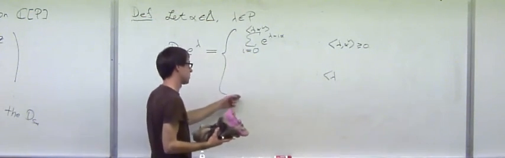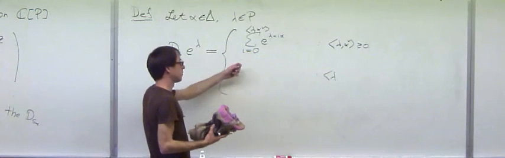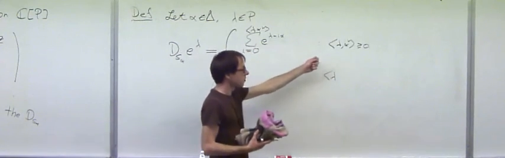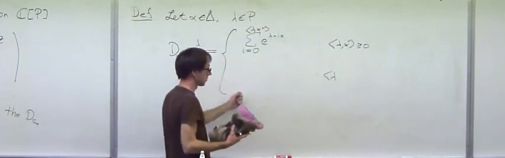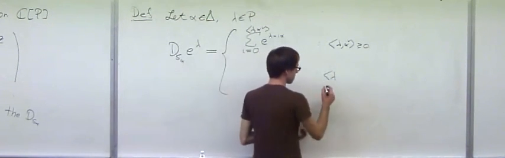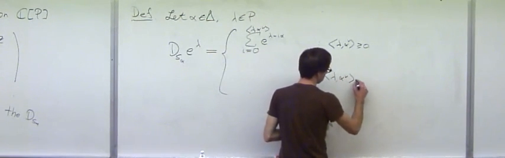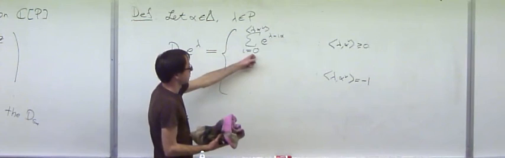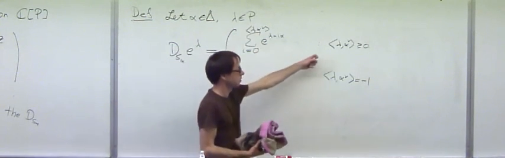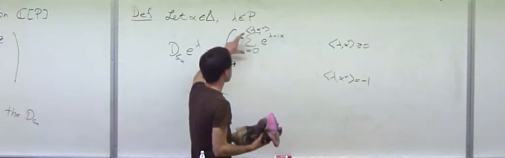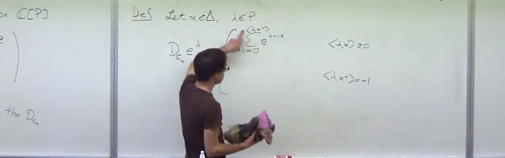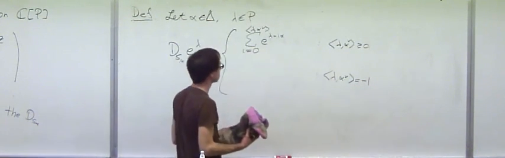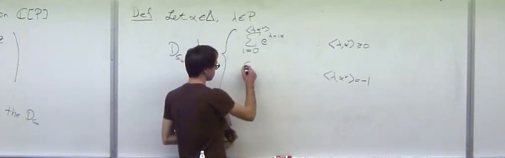So now the other cases: if you think about how to make sense of this sum when this is smaller than 0, this is what you'll come up with. Let me write it down explicitly. If the upper bound is 0, there is just one summand in the sum. If the upper bound is −1, there should be no summands in the sum at all, and then of course the sum should be 0.